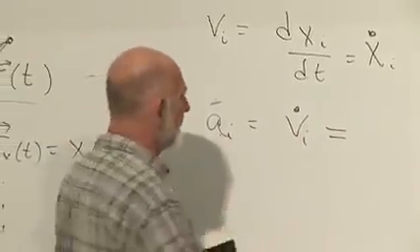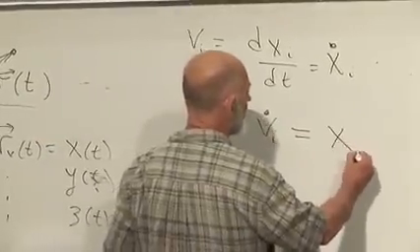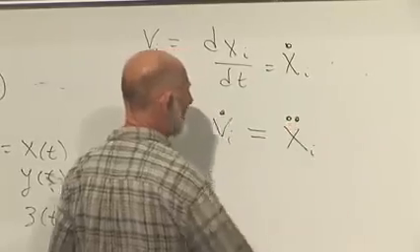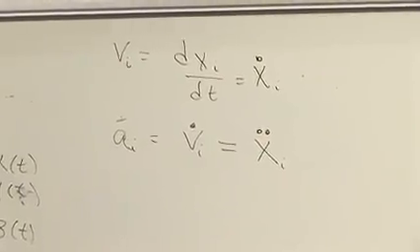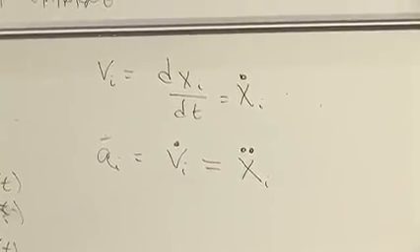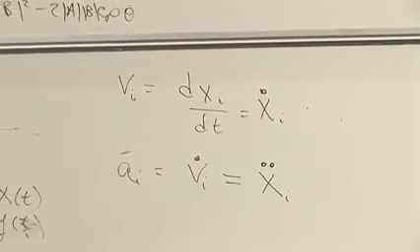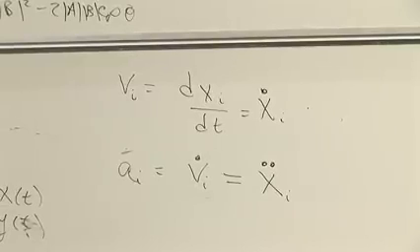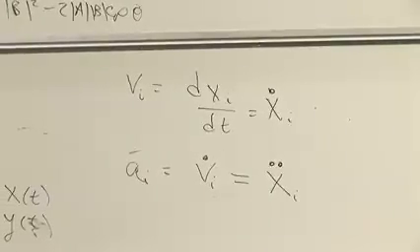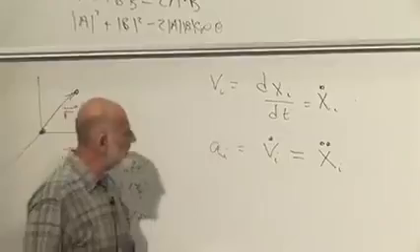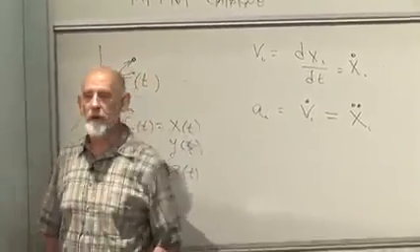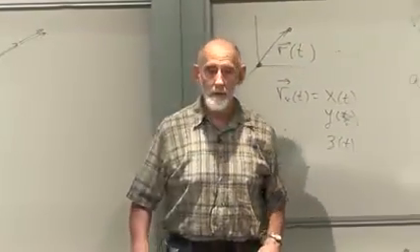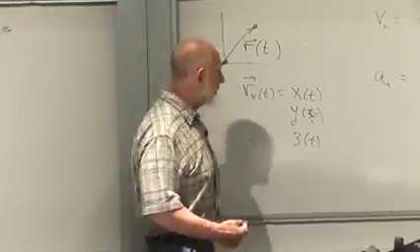The second derivative is usually labeled with 2 dots on top of it. 2 dots means second derivative. 1 dot means first derivative. No dots mean don't differentiate it at all. 3 dots means a third time derivative, and so forth. So acceleration is the second time derivative of position.